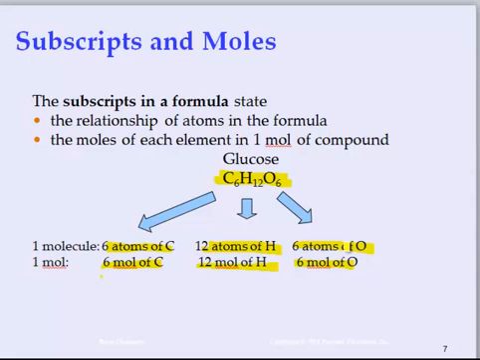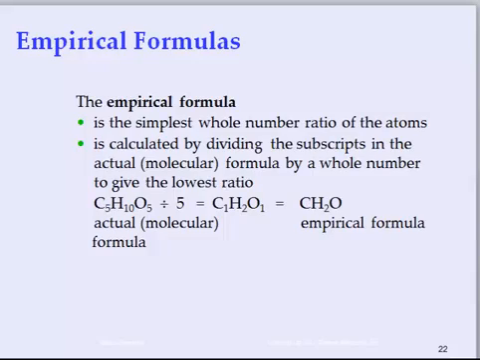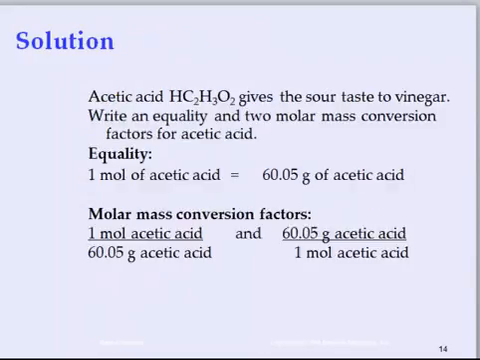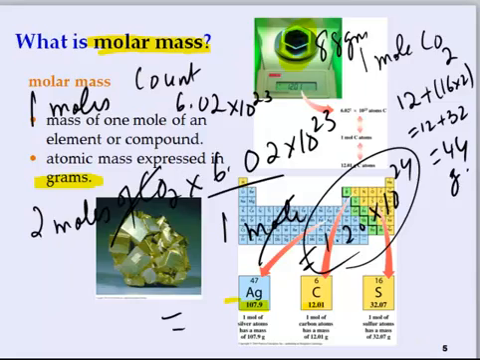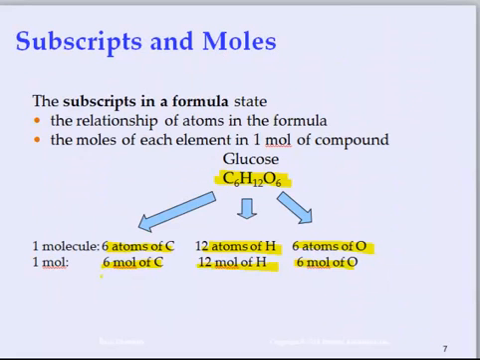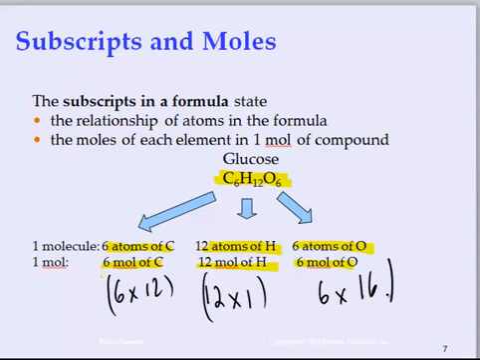Okay, so let's say 6 moles of carbon, you would have 6 times 12, then 12 times 1, and 6 times 16. If you total those up, that comes to 180 grams, which would be the formula weight for glucose.